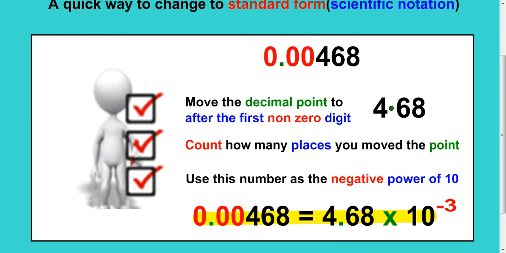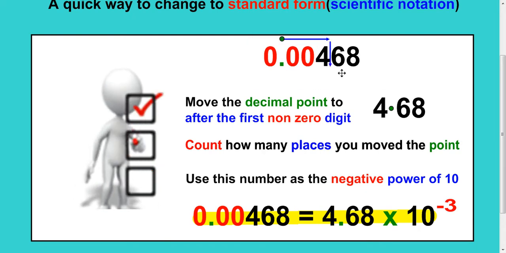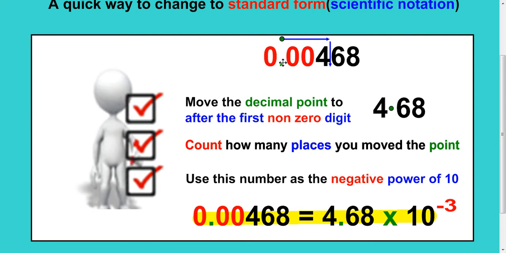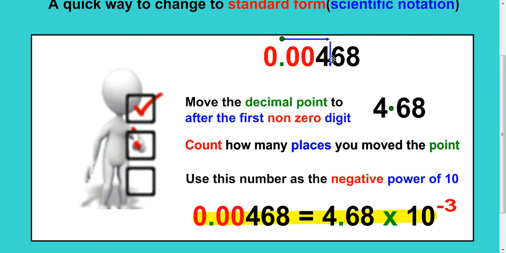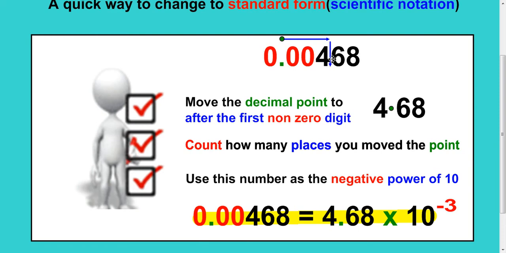The power is negative 3 because the decimal point moves backwards in the opposite direction by 3 places. Or you can look at it here, you can see it starts there and moves 1, 2, 3 places to get in between the 4 and the 6.